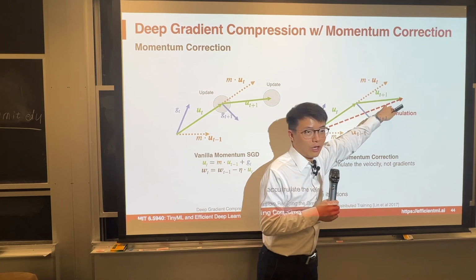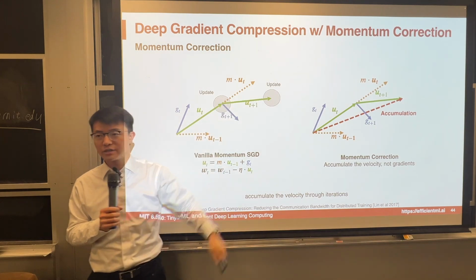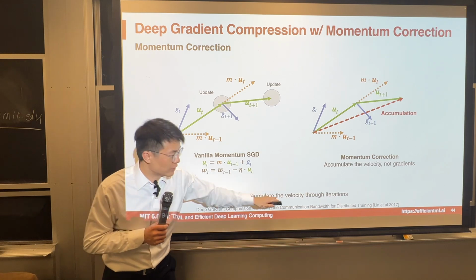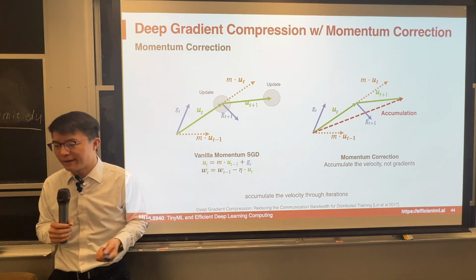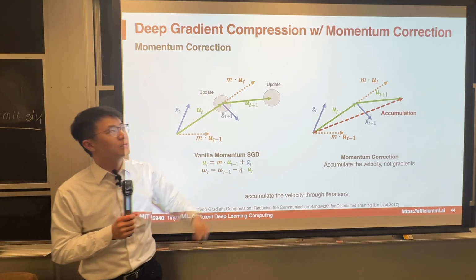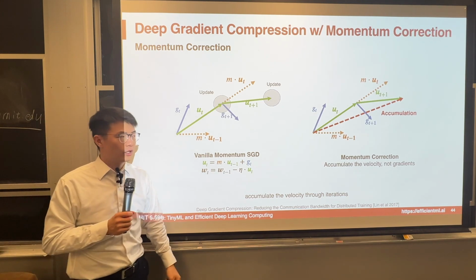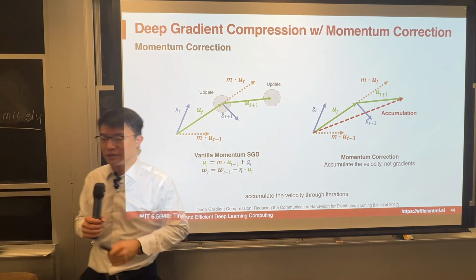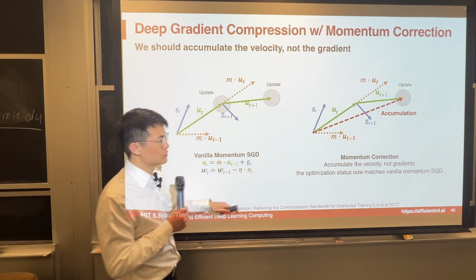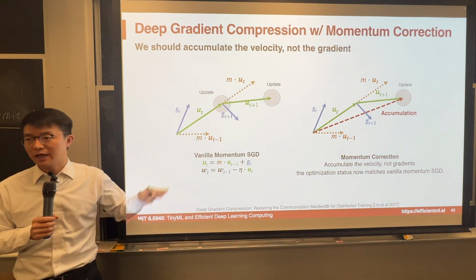So we should accumulate the velocity in this way so that it's equal to the previous two steps. So accumulate the velocity through different iterations rather than accumulate the gradient. We call this momentum correction. So when we prune those gradients, we shouldn't just accumulate the gradient, but accumulate the velocity. So the optimization status now matches the vanilla momentum SGD on the left.